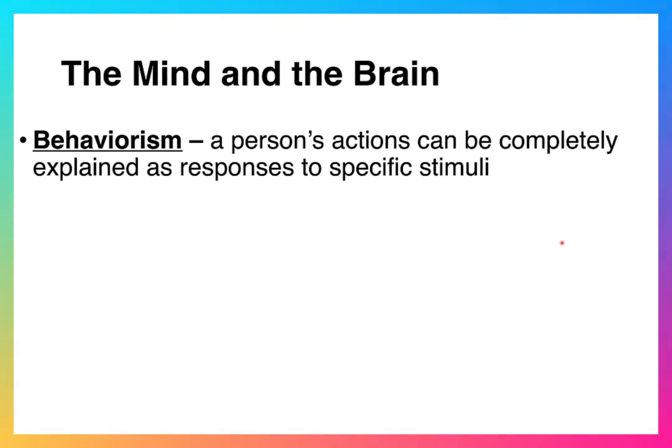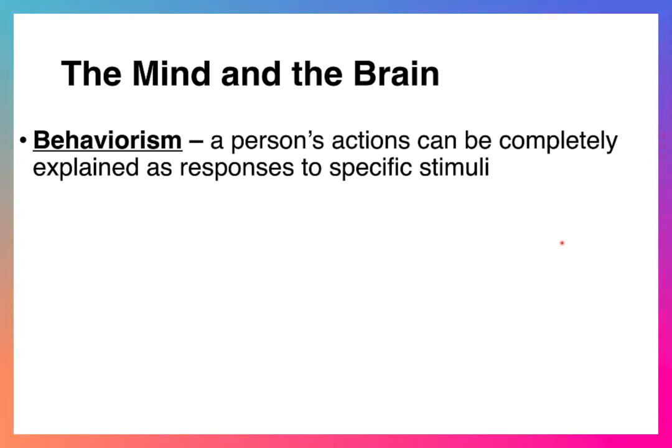What about the mind versus the brain? Behaviorism is the idea that a person's actions can be completely explained as responses to specific stimuli. The person that was responsible for behaviorism was B.F. Skinner. And in his experiments, he tried to show that all responses that a person did were responses to specific stimuli.